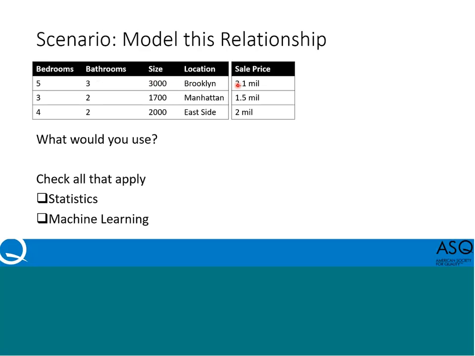Now, imagine we have several thousand observations, not just the 3 I have here. But what would you think to apply? Would you think, okay, this is a statistics problem or this is a machine learning problem, maybe both? So I know we're not taking a poll or anything, but just think about this question here.